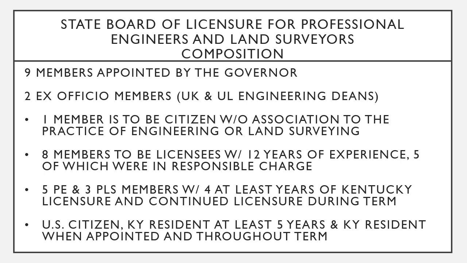The board is composed of 11 members total. 9 of the members are appointed by the governor from a list of candidates submitted by the Kentucky Society of Professional Engineers and the Kentucky Association of Professional Surveyors, with input from other professional societies. And this list of names is to be provided at least 60 days prior to appointment.